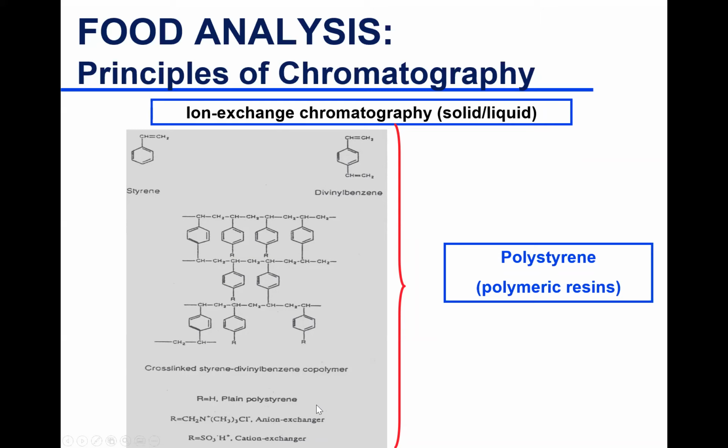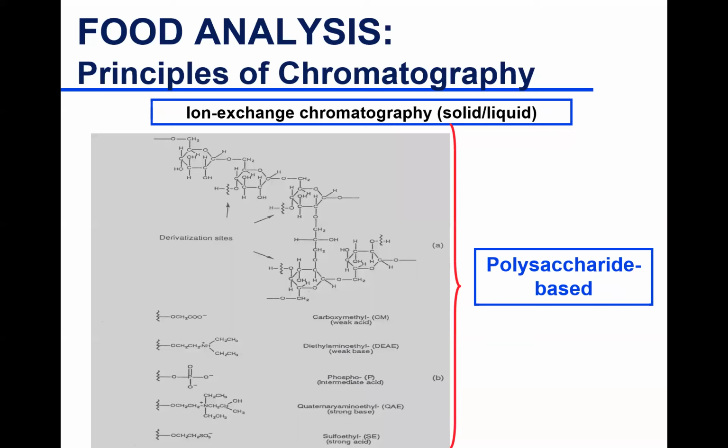Remember what we talked about last time. Anion exchanger means it's exchanging anions, negatively charged ions. In order to interact with a negatively charged ion, it's carrying a positive charge. And when you have a negative charge stationary phase, it becomes a cation exchanger. It's exchanging cations, positively charged molecules.